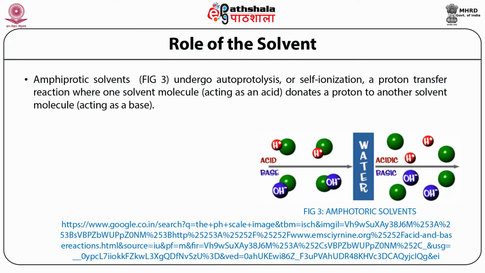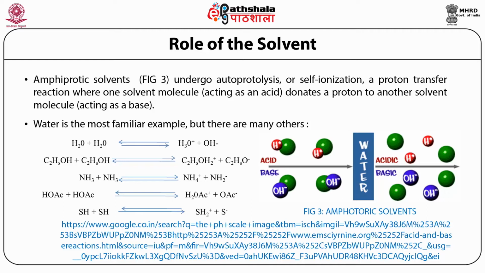Amphiprotic solvents undergo autoprotolysis, or self-ionization, a proton transfer reaction where one solvent molecule donates a proton to another solvent molecule. Water is the most familiar example, but there are many others also.